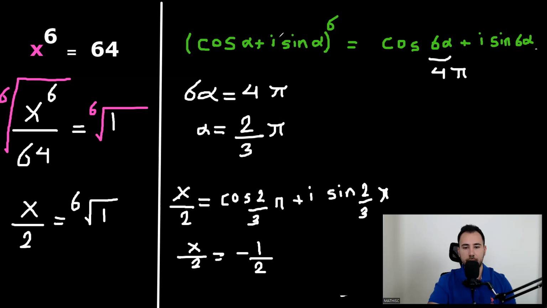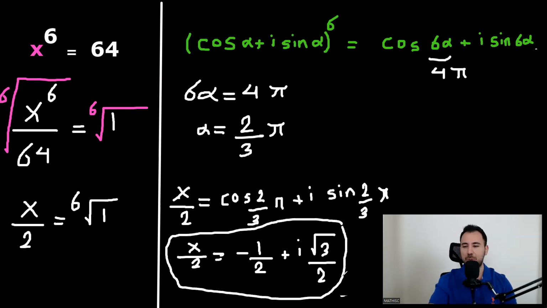This one will be plus i square root of 3/2. Okay. So you get the idea, right? We multiply 2 by both sides. It would be -1 plus square root of 3 times i. Okay. So that will be the next solution.